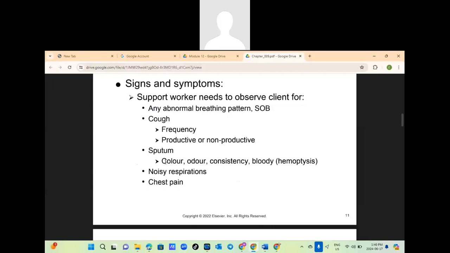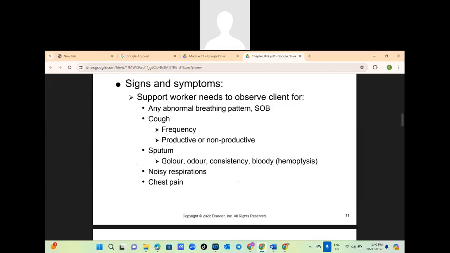You cannot really have an accurate measurement for the sputum. So check the color. Is it creamy? Is it white? Is it green? Is it yellow? And the odor, what is the odor of this sputum? Can you smell it? And the consistency, is it thin?